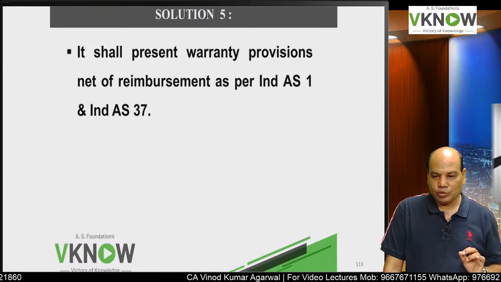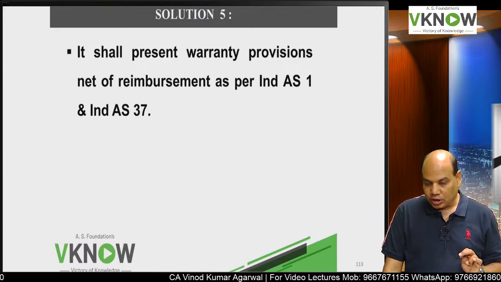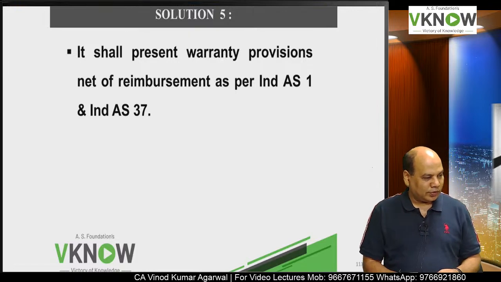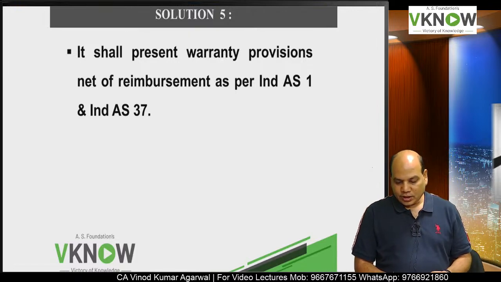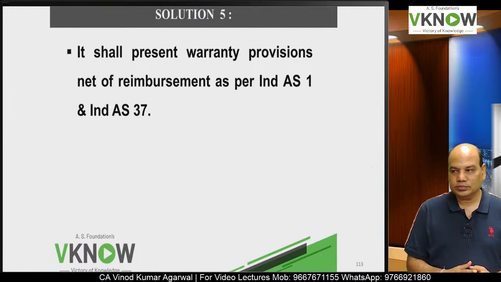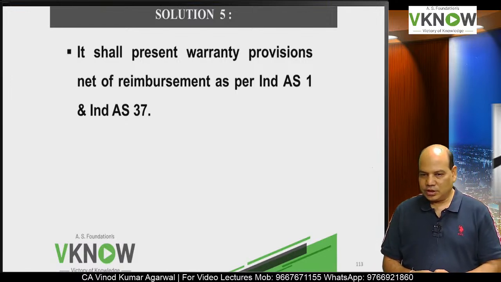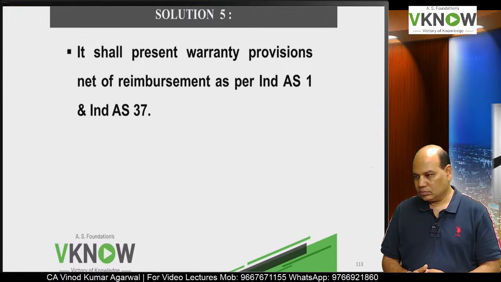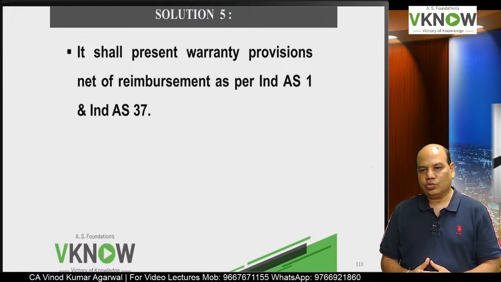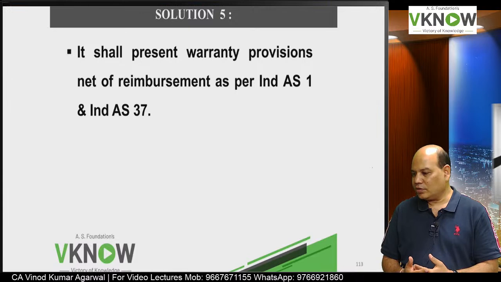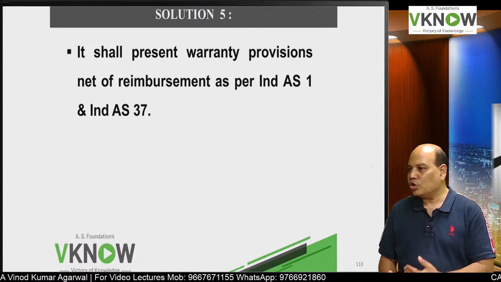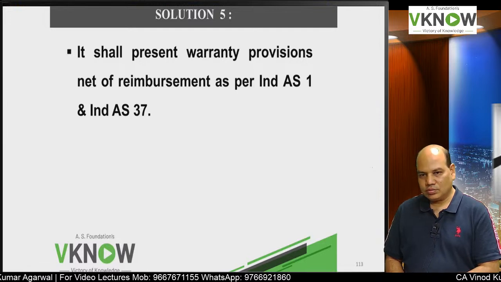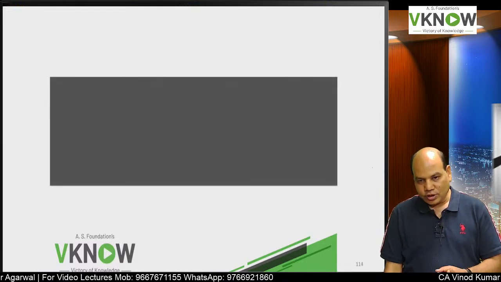It shall present warranty provision net of reimbursement as per Ind AS 1 and Ind AS 37. Because as a user of financial statements, I am interested in how much is the cost of offering warranty, net of expense. Okay, noted?